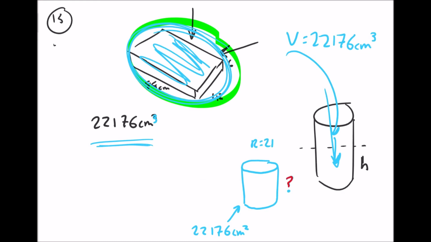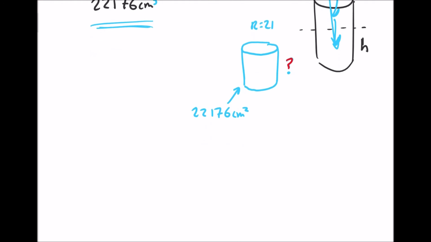height. Okay. Well, we have a cylinder, we have its volume, we have its radius, we want to find the height. So we take our formula, volume equals pi r squared h.